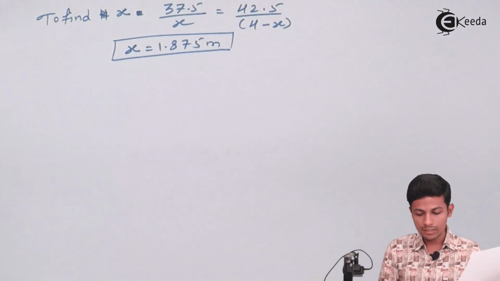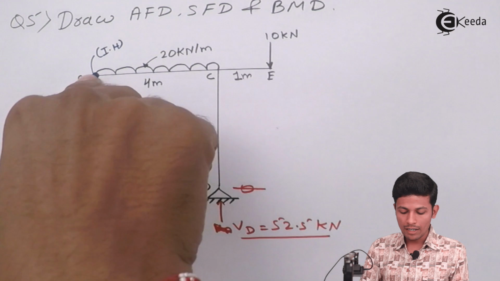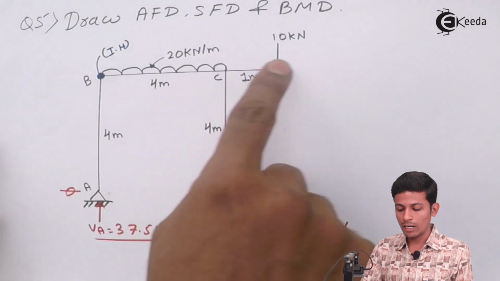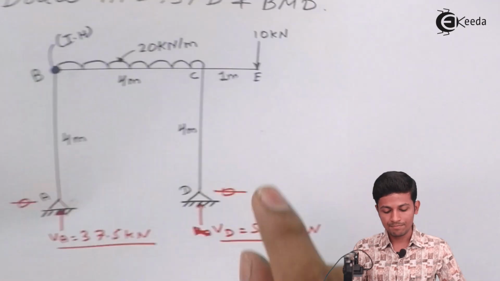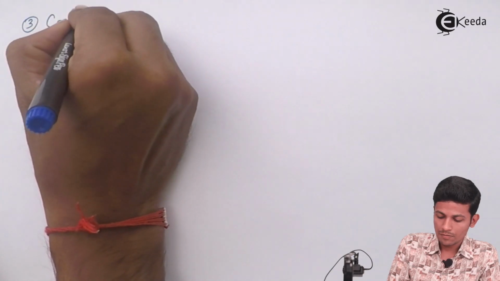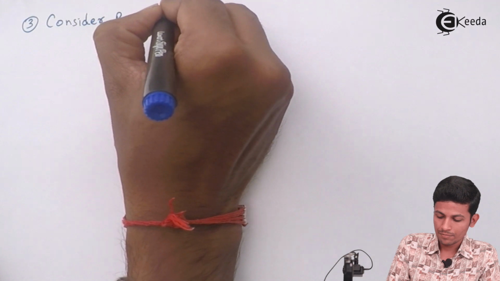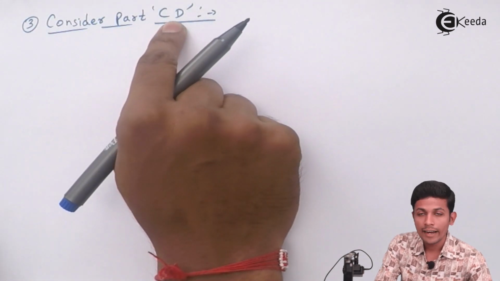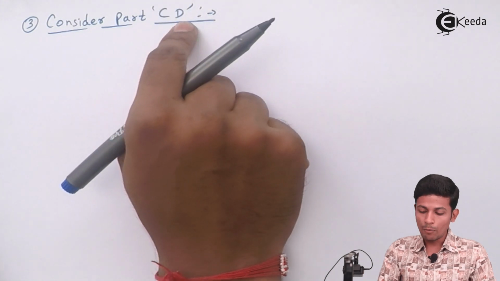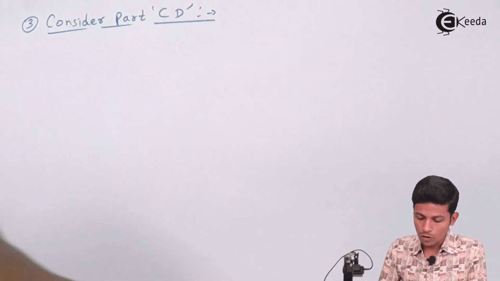Now what is remaining? We have done with AB part and BCE part. Now CD part is remaining. Now draw the free body diagram of CD. Now we consider parts C and D. Now draw the free body diagram of this part.